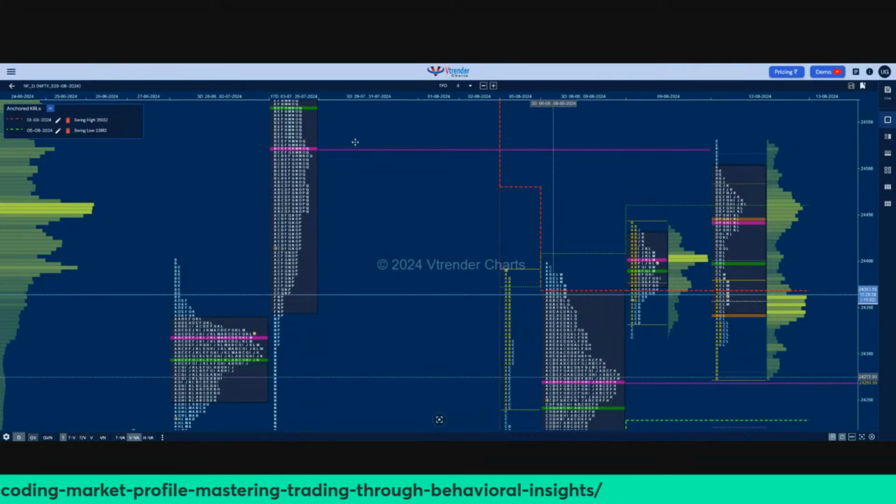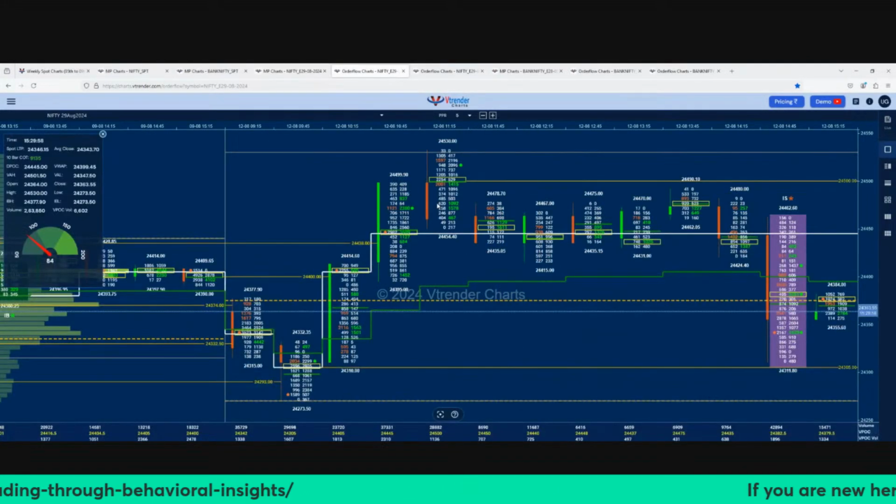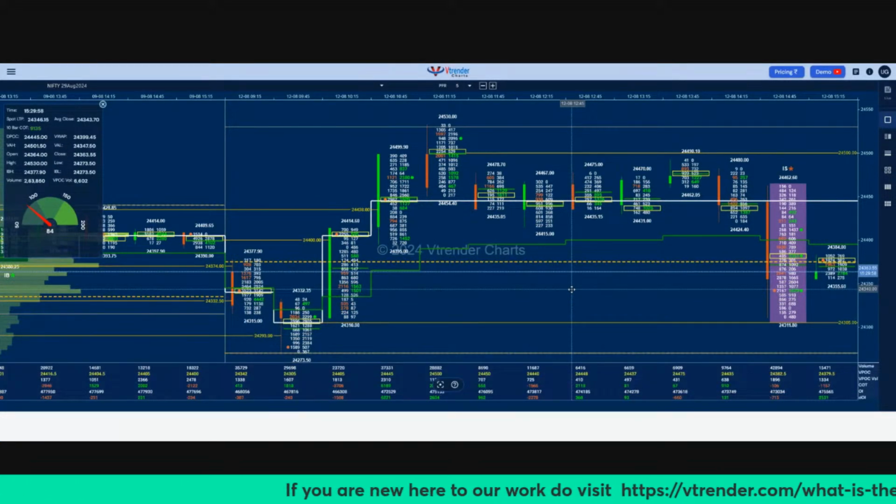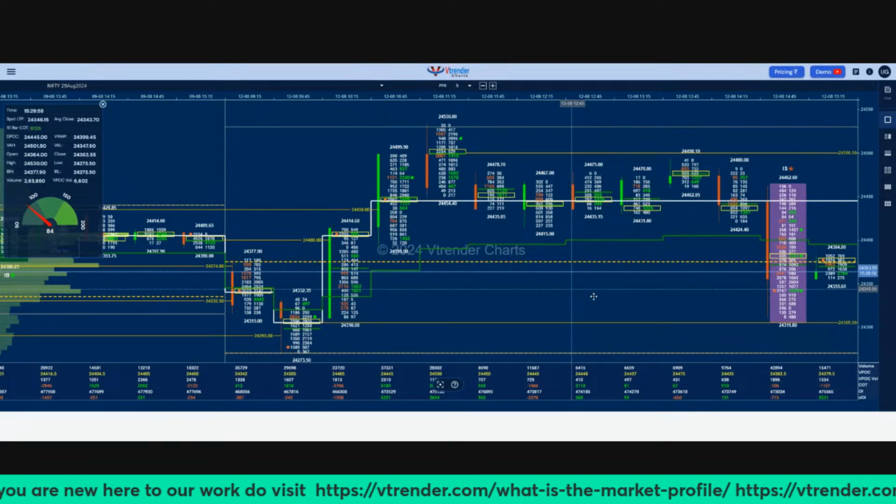Coming to the order flow chart of Nifty, I will first show you the 30-minute order flow chart of today. So I'll just enlarge this and we'll go TPO wise.